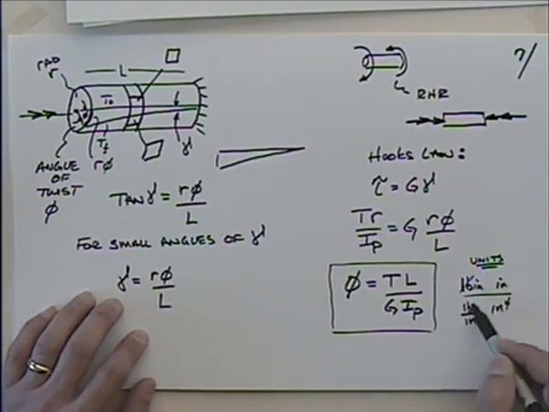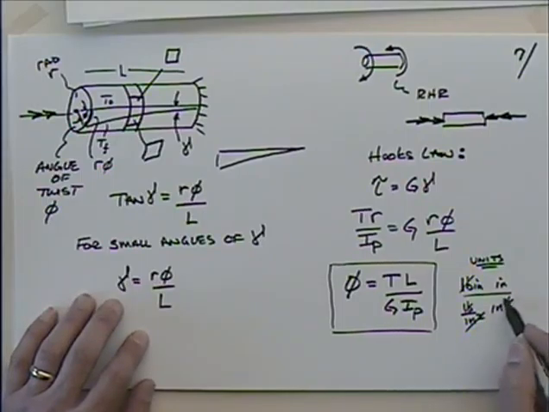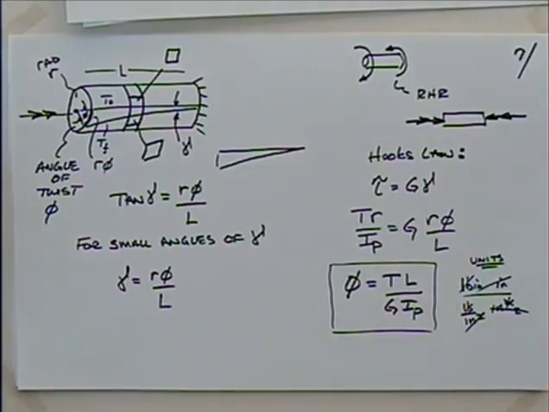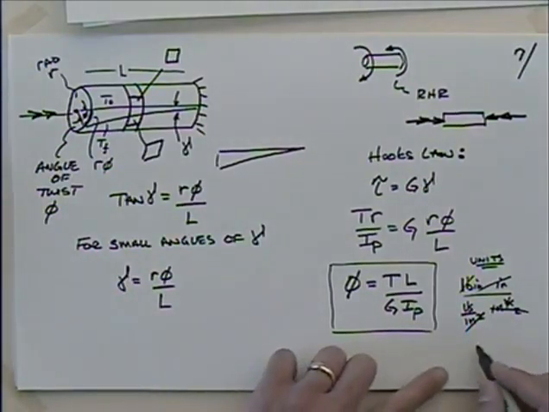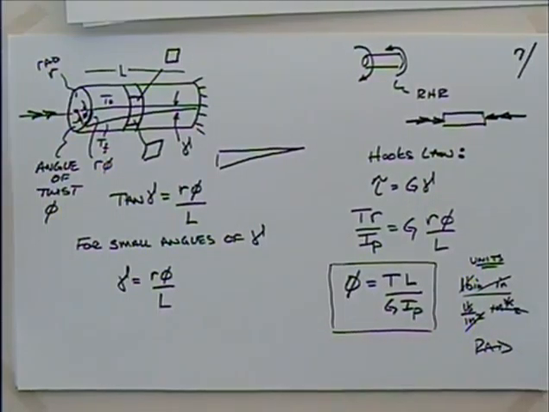I get to cancel these with a couple of those, and those with the other ones. What do you come up with? No units, which is radians for our angular measure. So we got that angle of twist phi in radians.